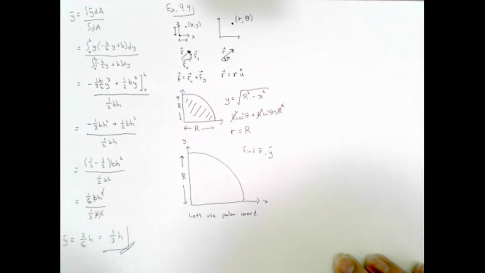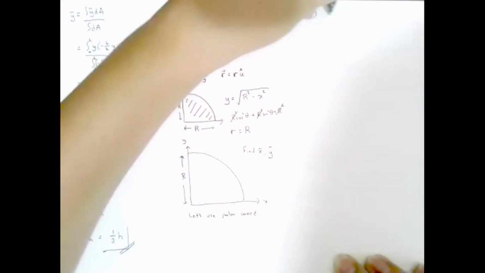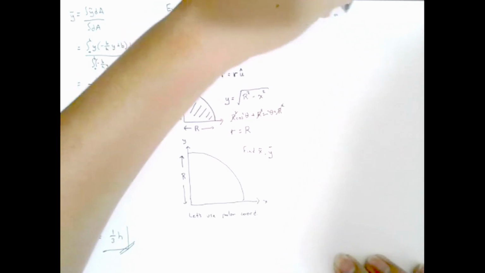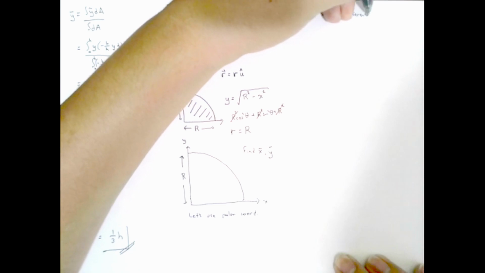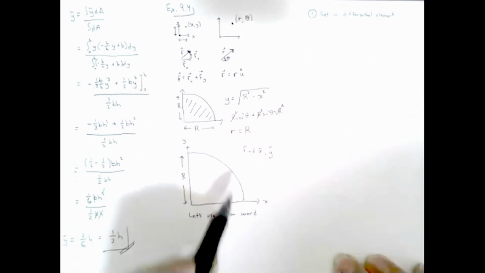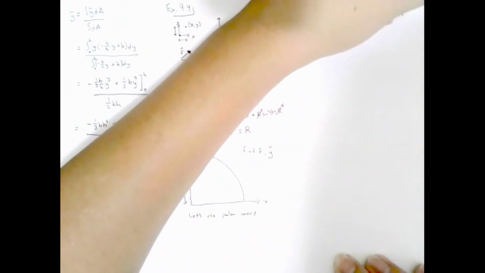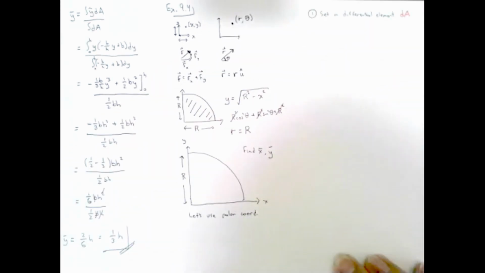So let's start. First, we know that the very first step is to set a differential element. And because this is an area as a two-dimensional body, our differential element will have a differential area of dA.